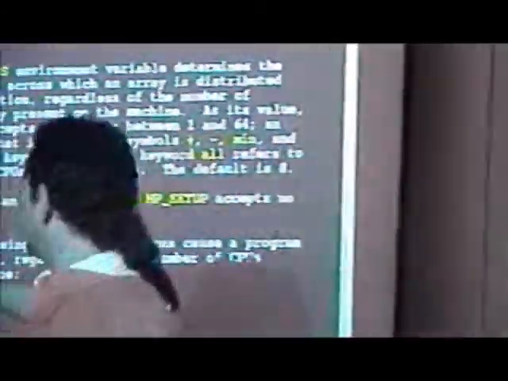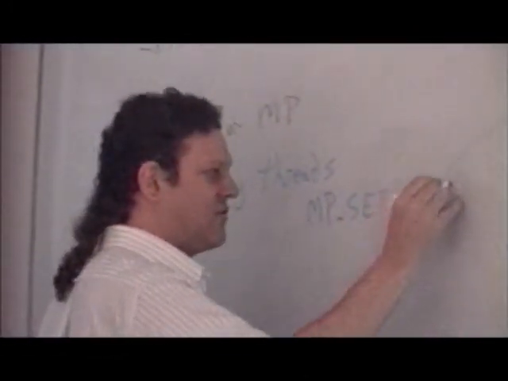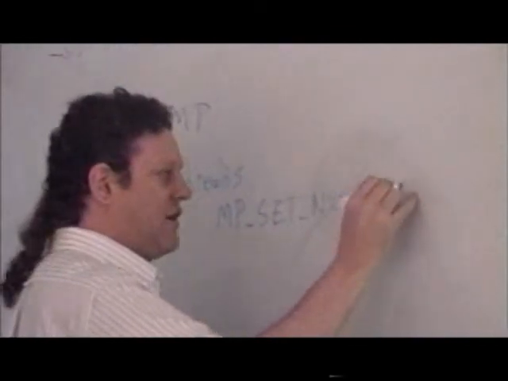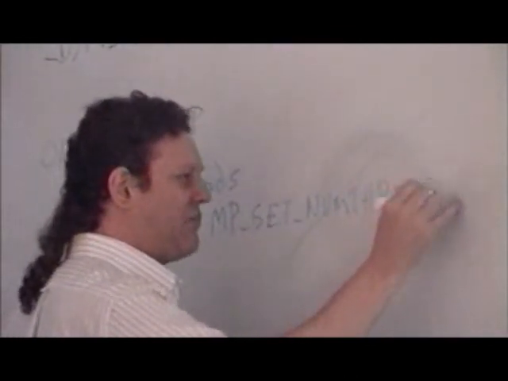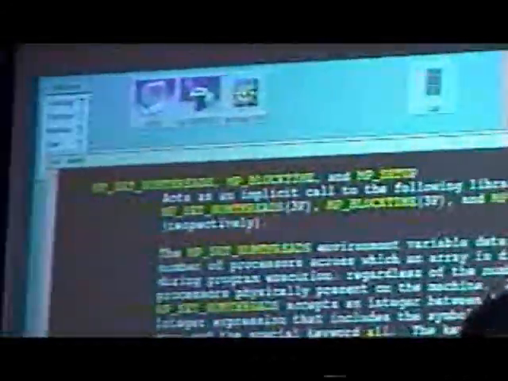The environment variable to control that is MP_SET_NUM_THREADS. Now there also may be the application automatically overriding that. So I could have had an application written 2 years ago before this was available, and it's actually going to override that MP_SET_NUM_THREADS.